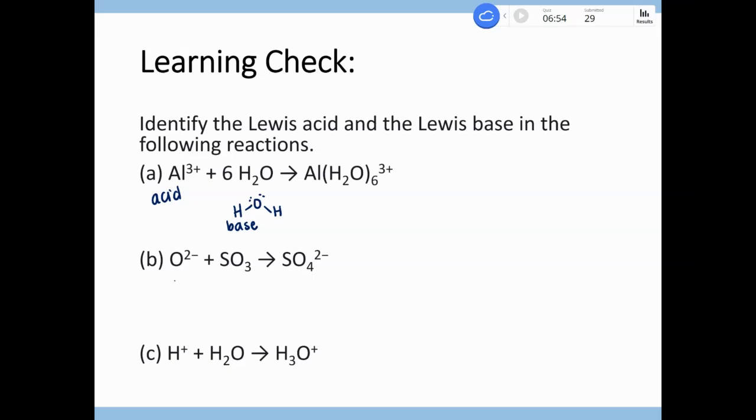Okay, next we have O2-. To have a -2 charge, oxygen had gained 2 electrons. Right now it has a full valence shell with 8 total electrons, so it cannot accept any more. So it must be the base, and the other must be the acid.